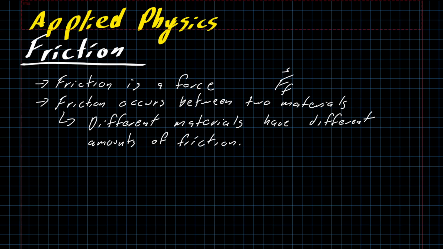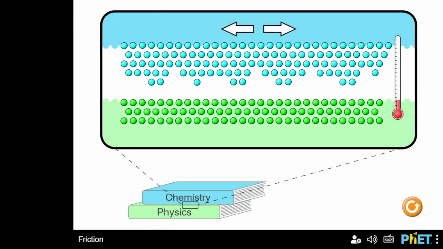If we zoom in, if I go back over to the entirely too bright screen, and we take a look here at an incredibly close view of a chemistry textbook and a physics textbook sitting on top of each other.